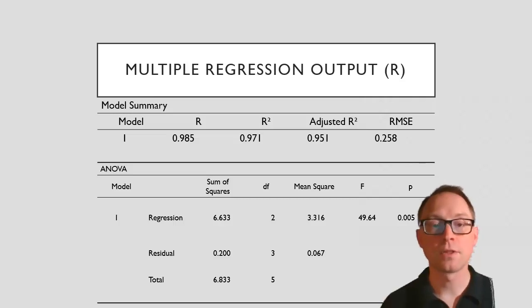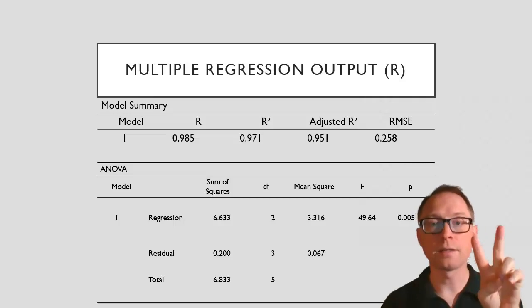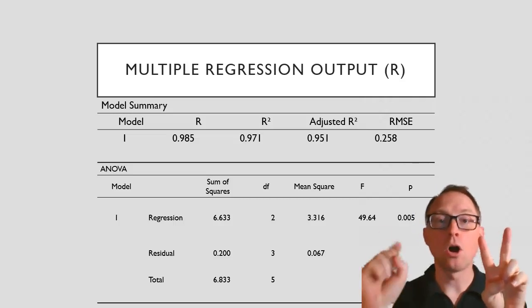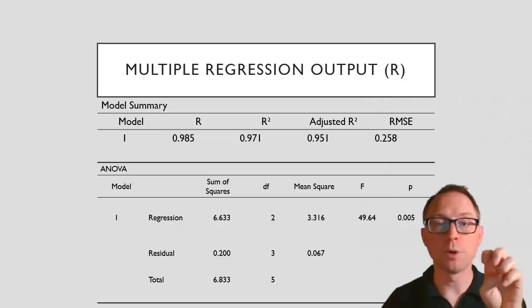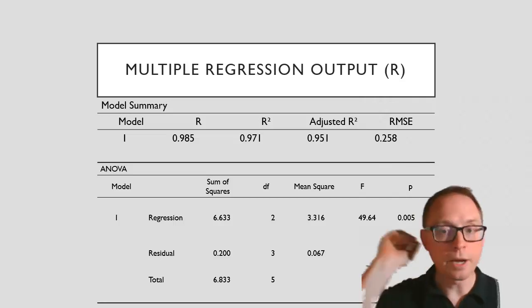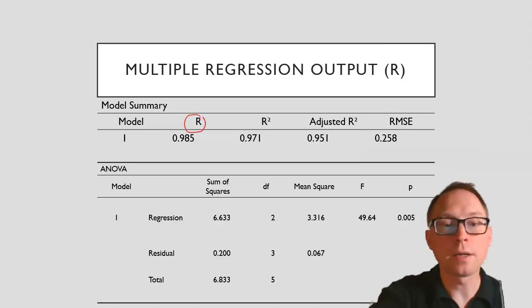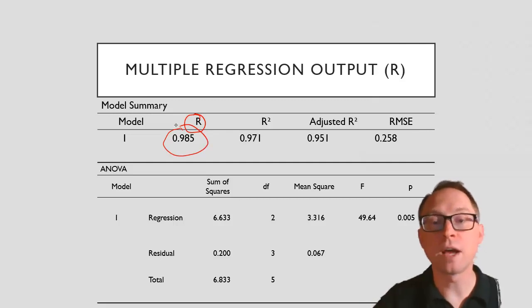R tells us the effect of both of them, time spent with friends and satisfaction, on your happiness, both of them together. Now, we need to talk a little bit about how to look at the output for R. You'll notice we have capital R right here. This number, 0.985, is the combined effect of the two predictor variables on the outcome variable.